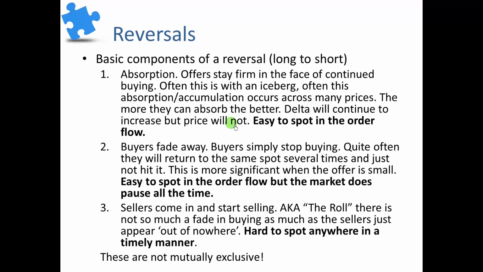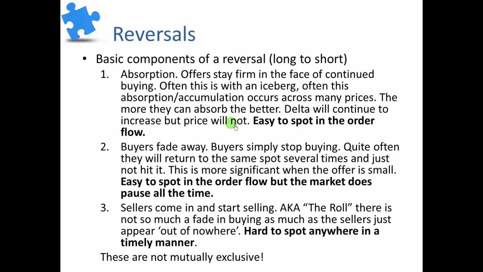Okay. Now, it's fairly easy to spot this, but you often don't have the luxury of time that you have with the absorption, and markets do often take a pause, so you need to be looking for the buyers fading at a key level. You shouldn't be looking for it in the middle of a trading range.